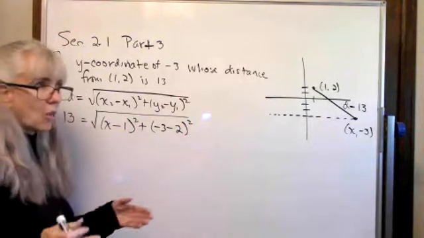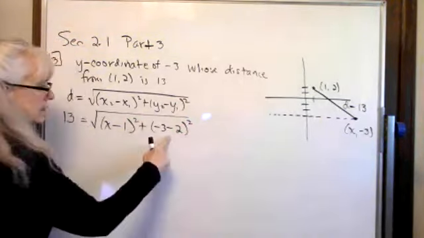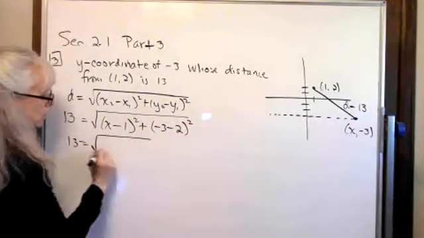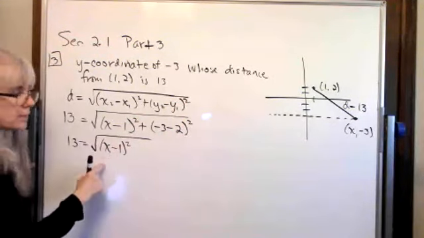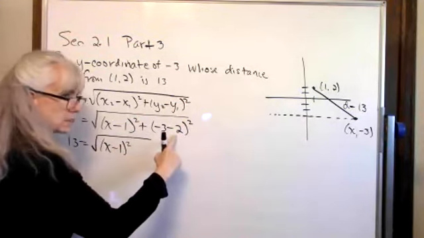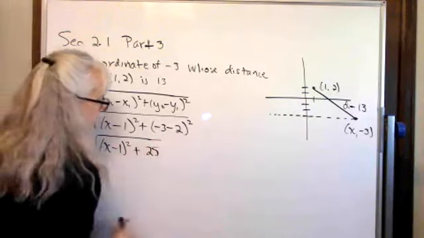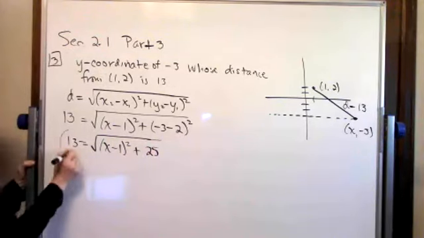Now there are longer ways and shorter ways to do this. I'm going to do it the most efficient way. So let's clean this up first. So 13 is going to be equal to the square root of (x minus 1) quantity squared. Notice I'm not FOILing that out. I'm going to leave it alone for now. -3 minus 2 is -5, and -5 squared is a positive 25. Let's get rid of the radical. So let's square both sides.